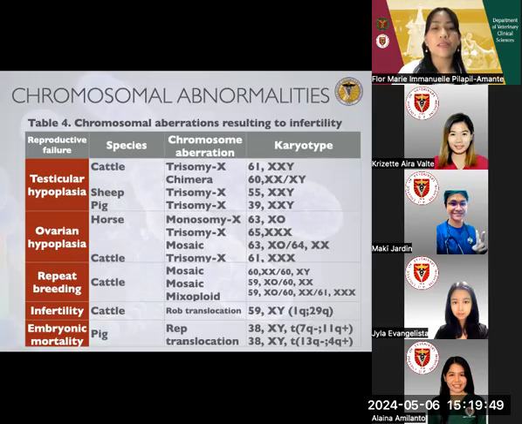And for embryonic mortality in pigs, it could be because of this translocation at this level of the loci. So this t(7q-;11q+) is the exact location where you have the translocation, okay?